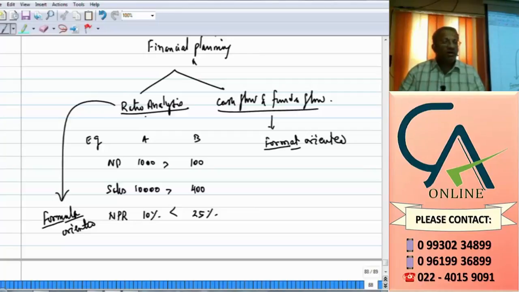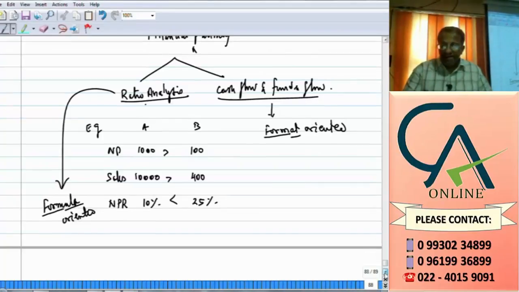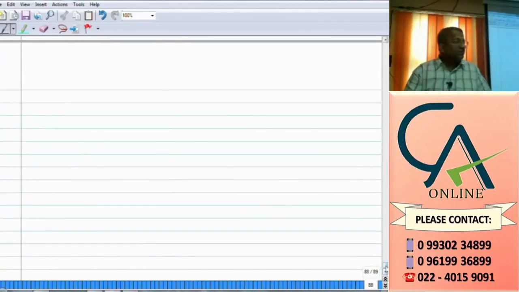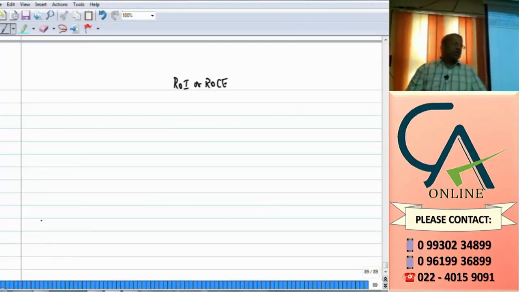That means the formula by and large is going to be a standardized formula. Very rarely can you use it this way or that way. Standardized formula is what you have. Let us firstly start with return on capital employed, return on investment or return on capital employed. What is the formula for return on investment or return on capital employed?